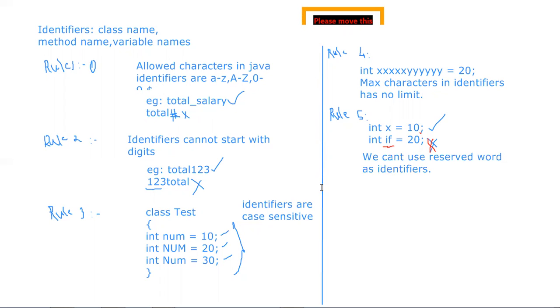Now I have an activity for you. I'll write down some identifiers. What you need to do is pause the video and check whether each is a valid identifier or not. Just pause the video and do this activity.